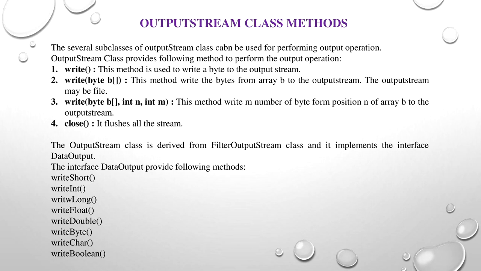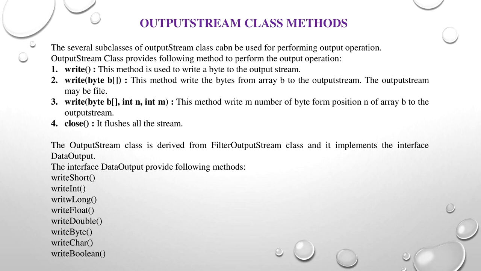This means you have to specify in the m variable the number of bytes that you want to write. Also, you have to tell the starting position in the n variable of array b into the output stream. The close function flushes all the stream.